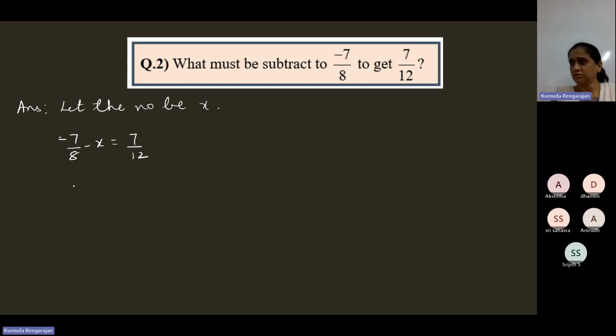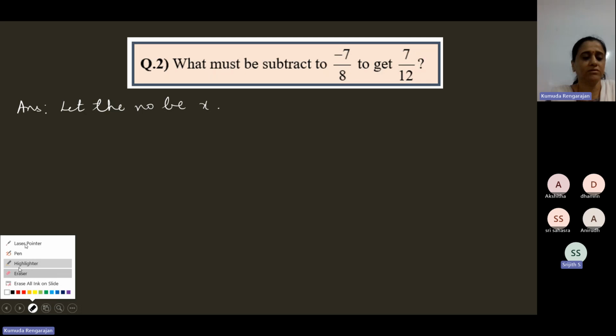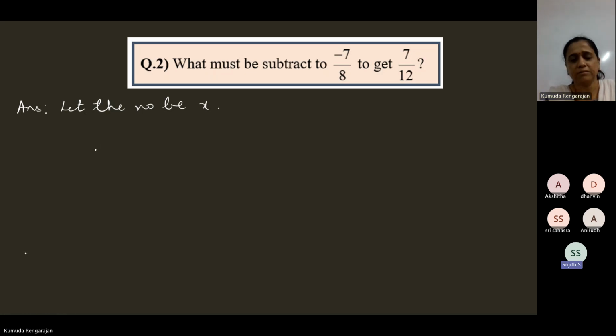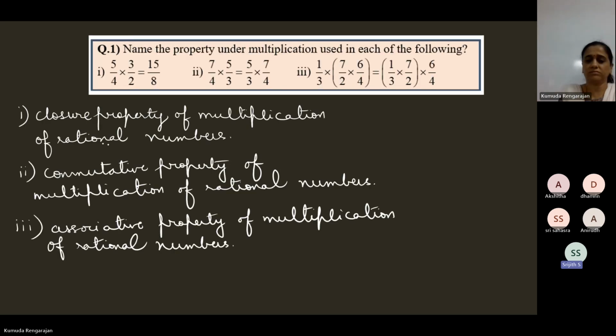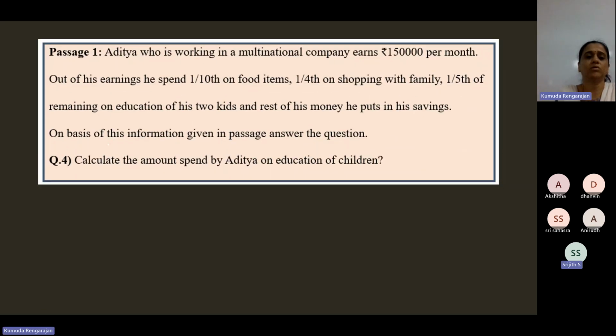Have you all got this equation? Yes, ma'am. So when you transpose, what do you get? Minus x is equal to, to get, we have this number minus 7 by 8. Ma'am, I left the class because of the network connection. Ma'am, can you show the previous slides from the true or false?